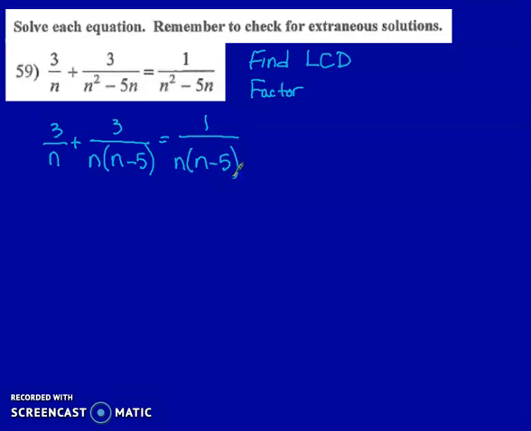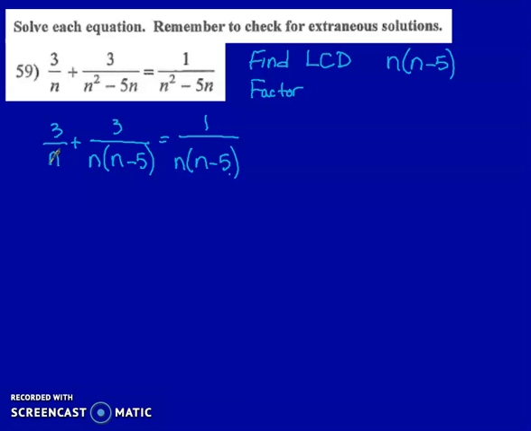So the two factors that make up these denominators are n and n minus 5. Notice that this one has an n, and so the least common denominator is going to be n times n minus 5. Notice if I multiplied this one by n minus 5, I would have the same denominator.